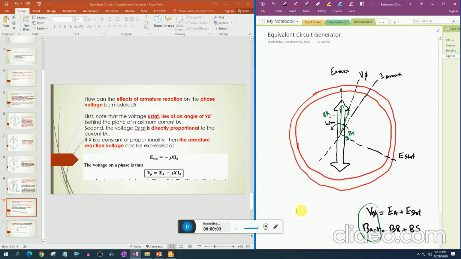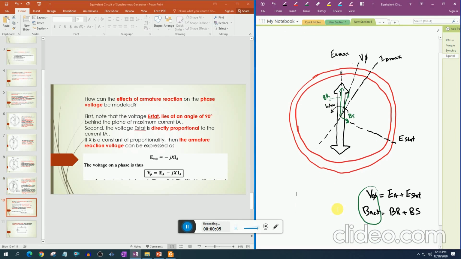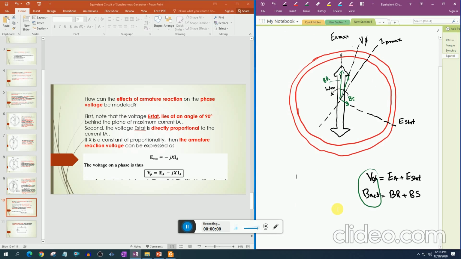Now, how can the effect of armature reaction be modeled mathematically? In the figure you can see that E stat is directly proportional to I max, which is directly proportional to IA.